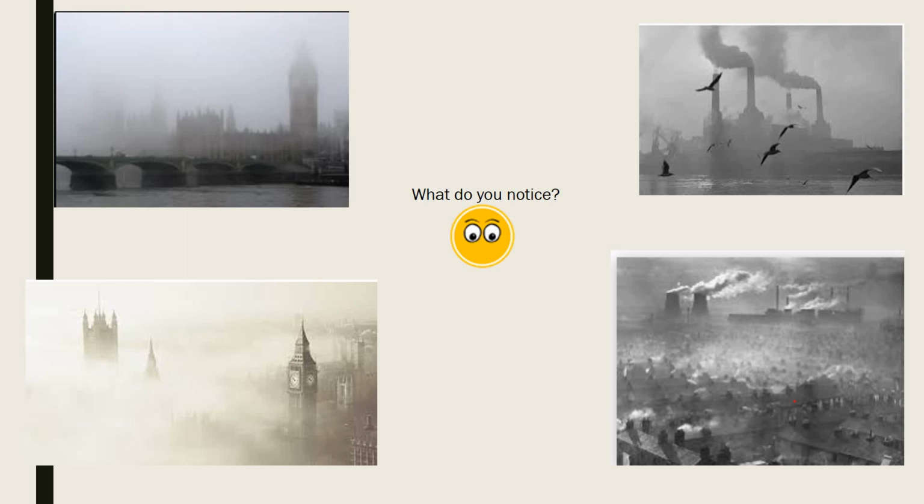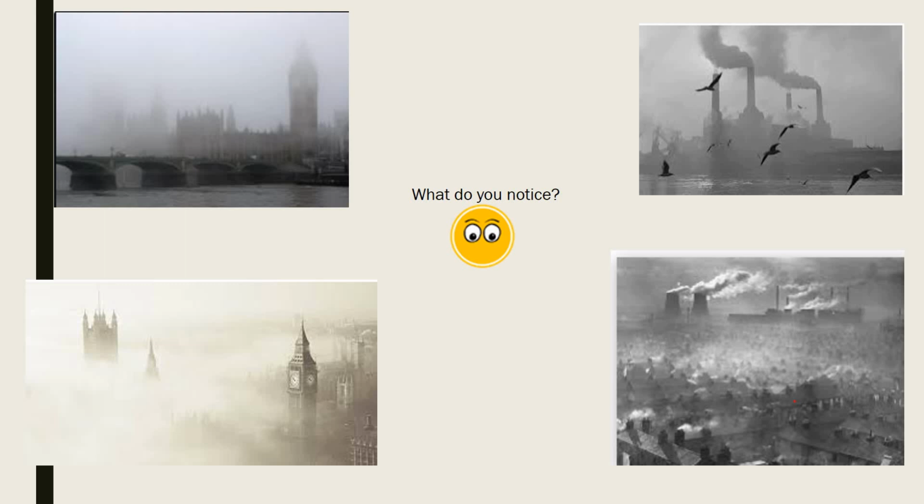We are looking at London, and hopefully you'll notice that this is London during a smog, and I'm sure quite a few of you know what a smog is. A smog is when there is a lethal combination of pollution that is coming as a result of the industrialisation, the Industrial Revolution, of all the manufacturing and the burning of the fossil fuels and the coals.